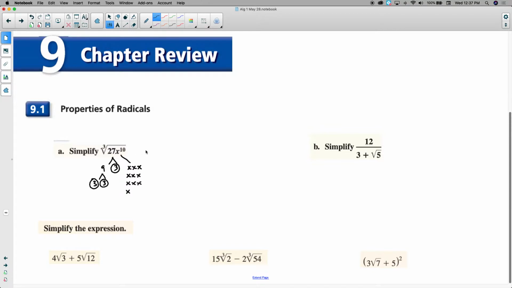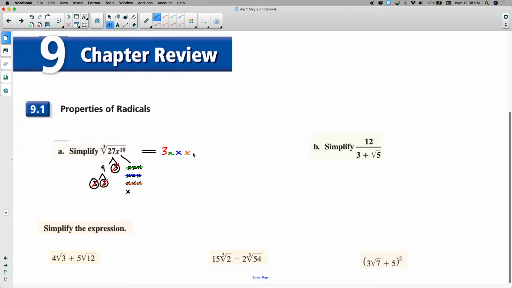Okay, so then we're going to do the exchanging. So I'm 3-for-1 trading. I've got 3 3s. I'm going to take out a 3. I've got 3 x's. I'm going to take out an x. I've got another 3 x's. I'm going to take out an x. I've got another set of x's. Take out an x.